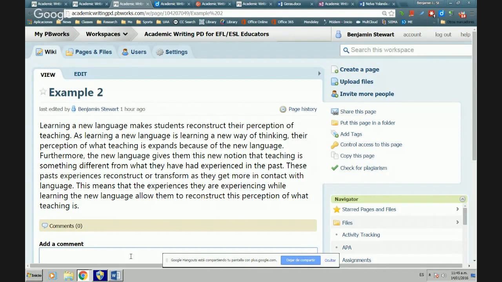Okay, let's try to segue that into reconstruct. So let's keep reconstruct or transform. What would we say before that to lead right into reconstruct? Right, we want to keep this, reconstruct and transform. So what could we say here differently? This previous knowledge begins to.